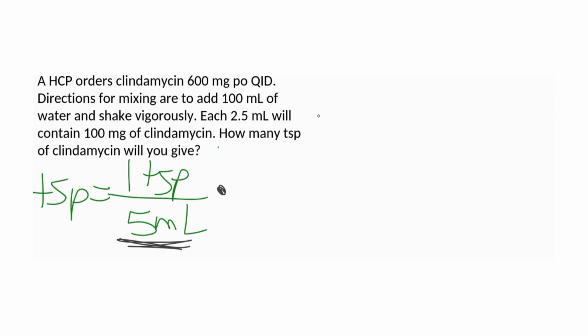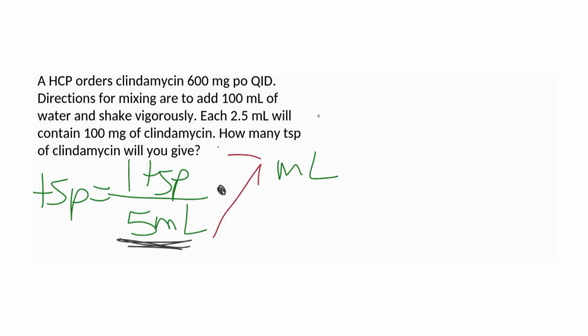So we have milliliter for our unit of measurement in the denominator. Whatever is in the denominator is what guides you to the numerator for your next set. So milliliters is in the denominator here. We're going to have milliliters in the numerator next. Okay, so we have milliliters in our problem.